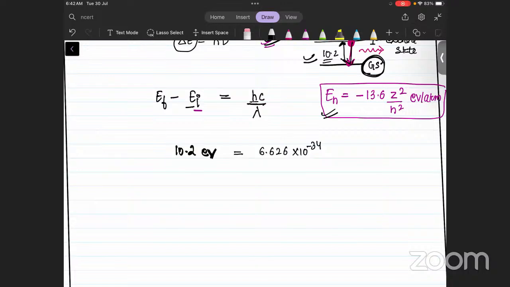What about others? Bhavna, your answer is wrong. Gayatri, your answer is also wrong.